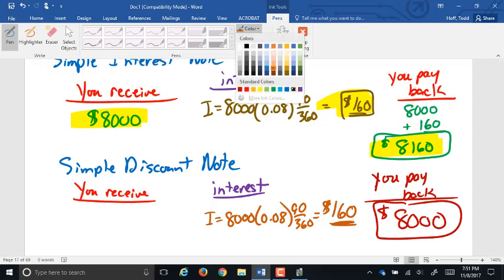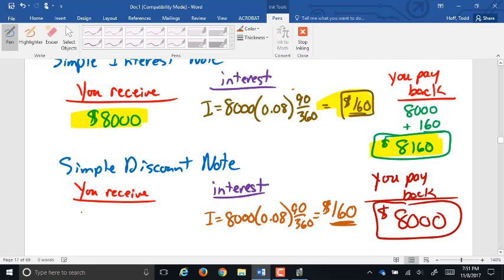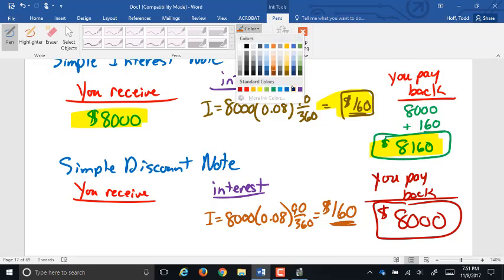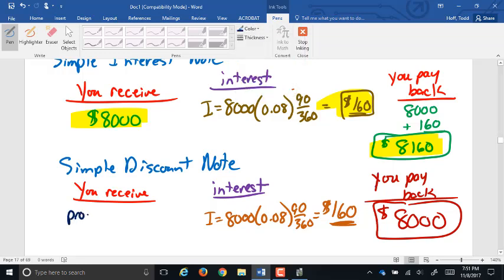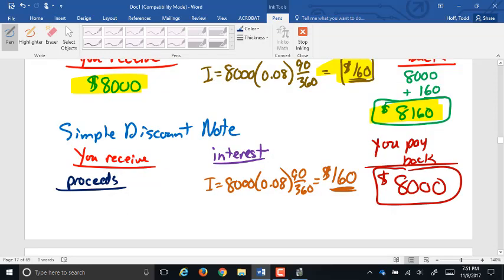The amount you receive is referred to as your proceeds, which is the 8,000 minus that discount. This is referred to as a discount, as the interest. $7,840. Exactly.